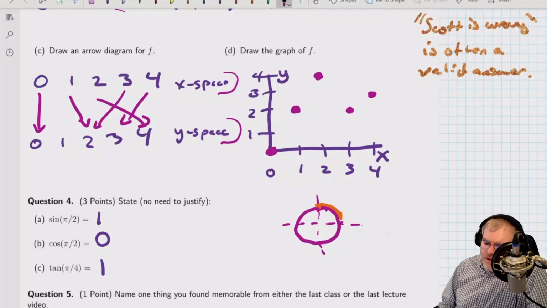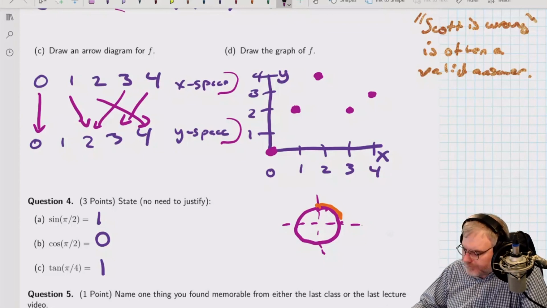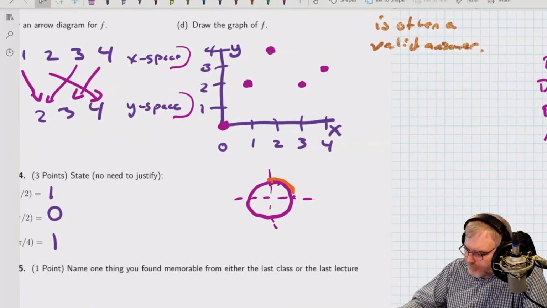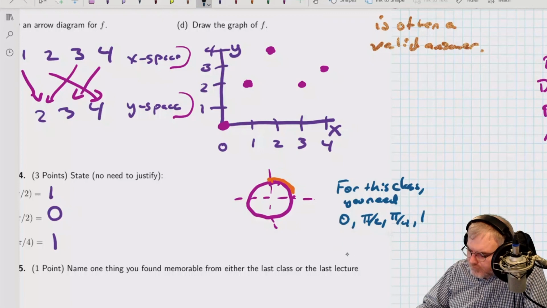Okay. The trig I expect you to be able to do off the top of your head are these points here. Let's see.